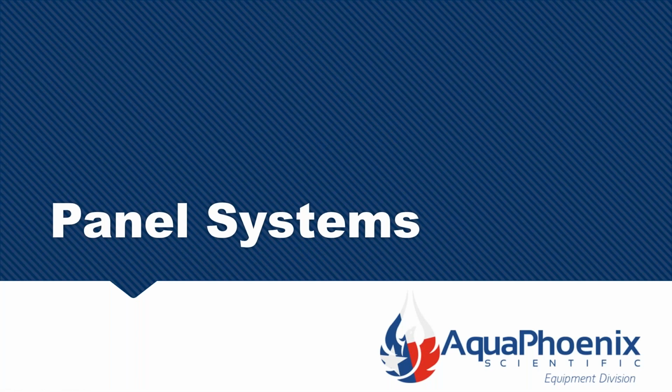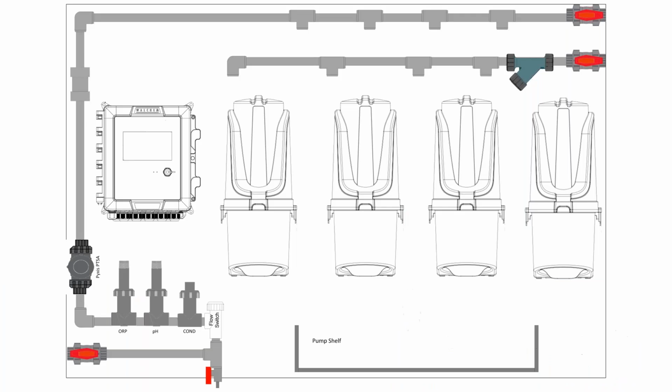All right. So I'd like to talk to you folks about the panel systems that we've been doing with the UltraM. We're really happy with how these things have turned out. What we can do now is take the UltraMs, mount them on a large panel system, and a couple of things we've done that I think are a little more unique, and we put some thought into this, is by mounting the UltraM side by side, we bring in a primary leg, which would be your feed water source.